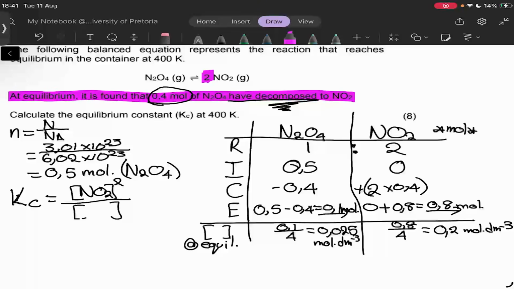And then for the N2O4, I just fill that in accordingly. And I just want to pose this to you guys. Calculate the equilibrium constant value for me, and let's see if we're still all on the right track. So if you are calculating that, you'll see that the equilibrium constant value would be the following.